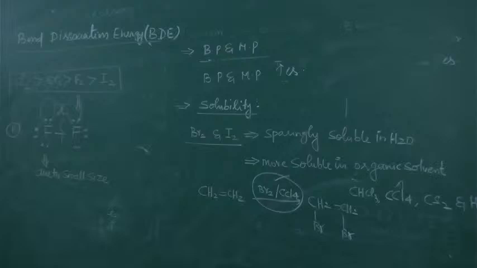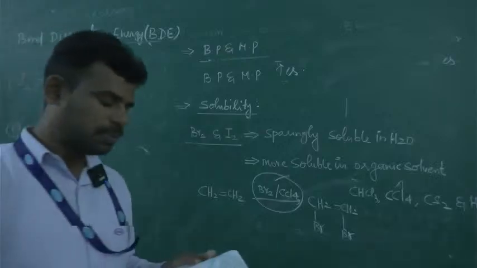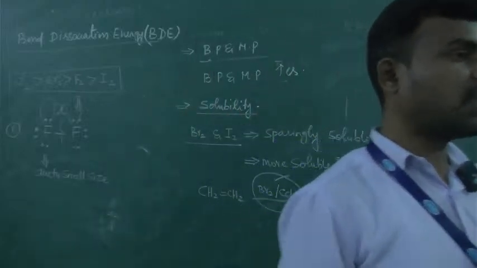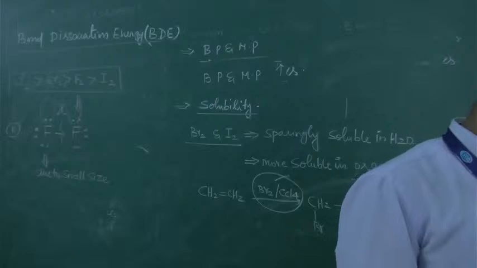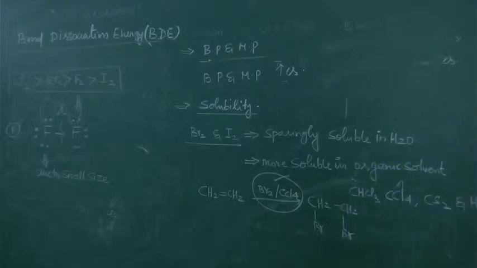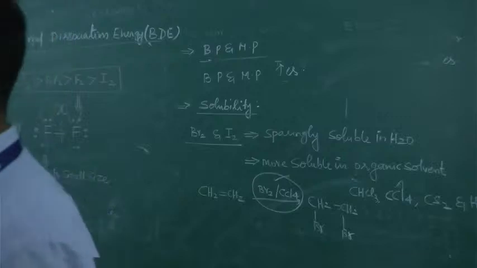Write this: the bond dissociation energy of F2 is less than Cl2, as large electron repulsion among lone pairs in F2.